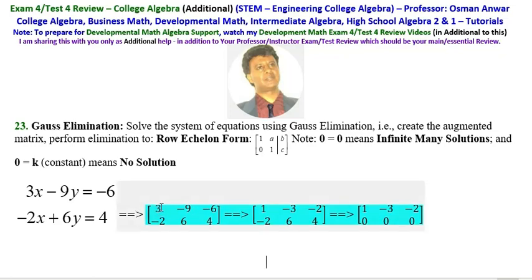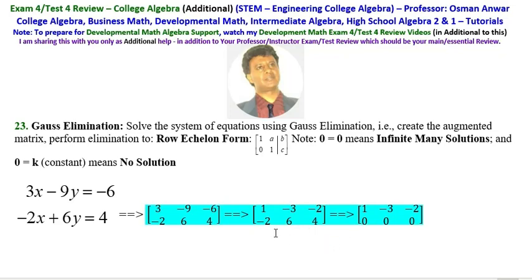So we need 1 here. If you divide row number 1 by 3 and keep row number 2 as it is, then 3 divided by 3 is 1, minus 9 divided by 3 is minus 3, minus 6 divided by 3 is minus 2. And keep row number 2 as it is, minus 2, 6, 4.